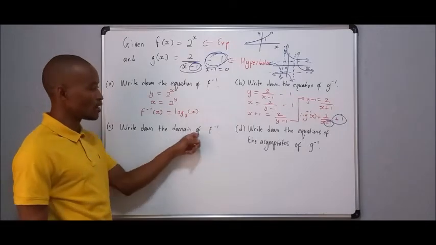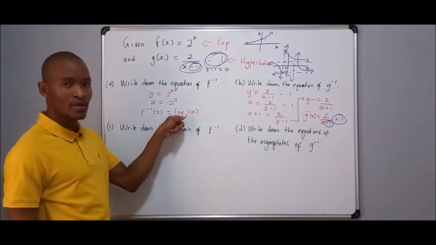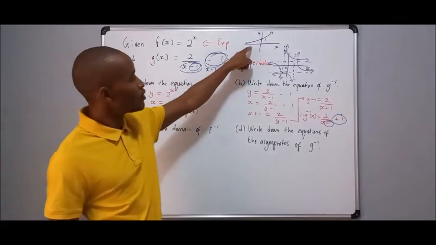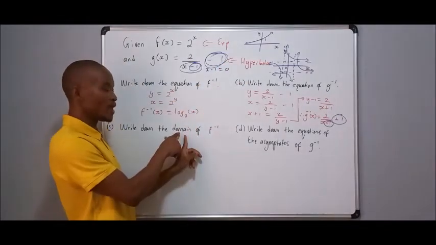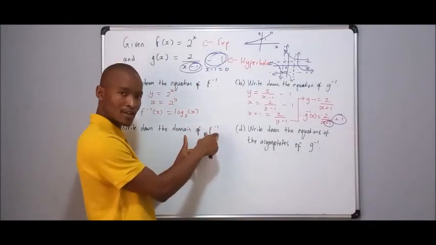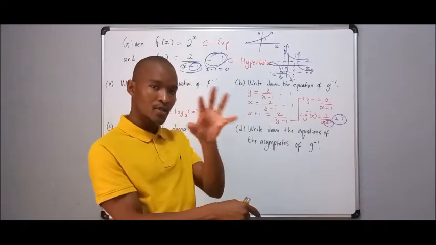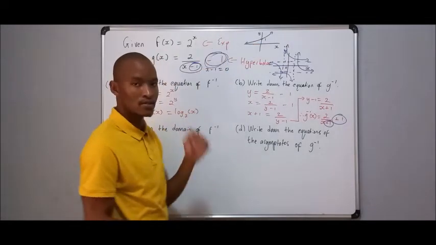Write down the domain of the inverse of f. You have the equation, but you don't have the sketch of the log function. Base it on your sketch of the original function. Remember, domain will come from the range of the original function. Yes, that is the relationship. The range becomes the domain. So what is the range of the original function? It is y greater than 0.